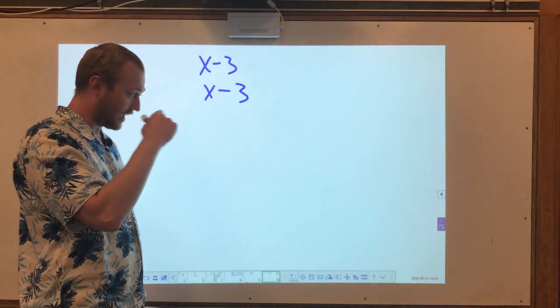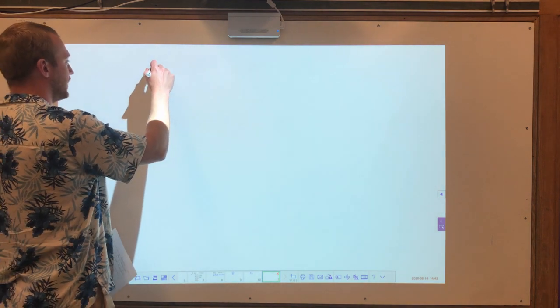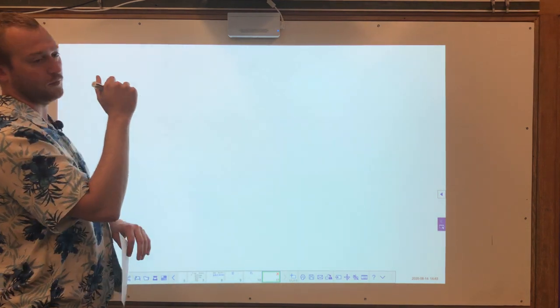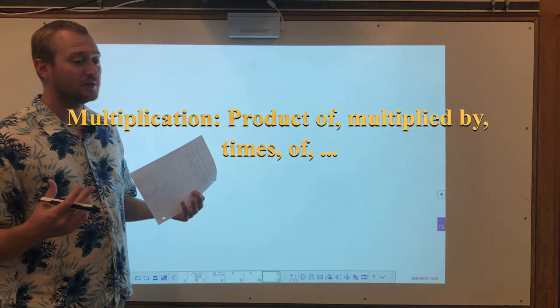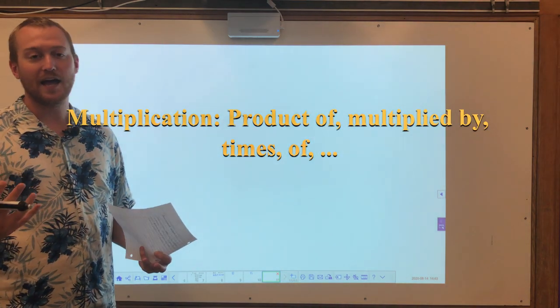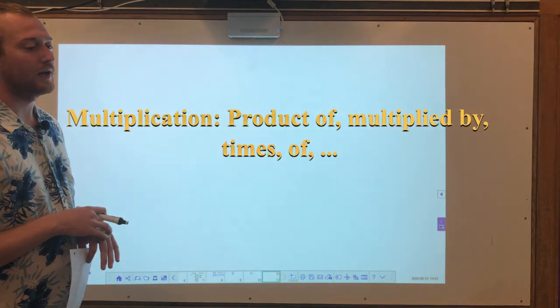Now let's go to multiplication. We just have 2 more. Multiplication: we can have the product of, multiplied by, times, and just of. Now how do we use those?